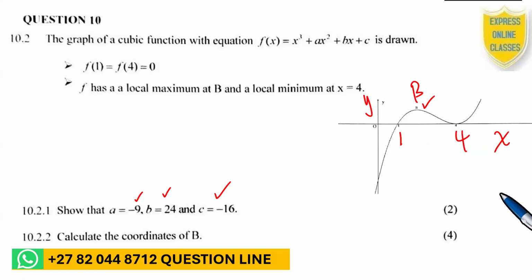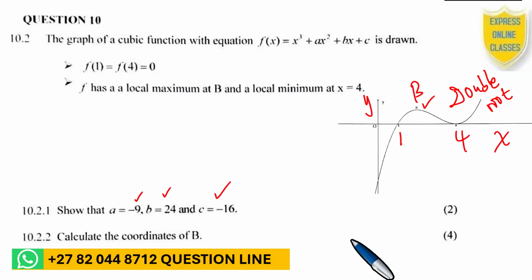Now, to find this, you need to look at the properties of graphs. This one contributes what you call a double root. Hold on, my pen is finished. Okay, I got another one. Thank you.